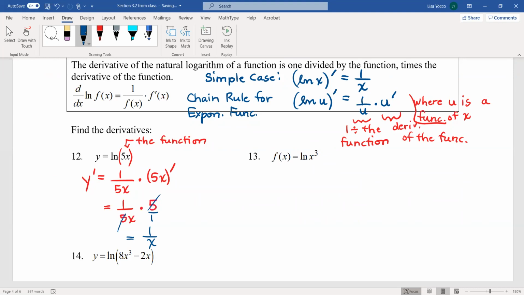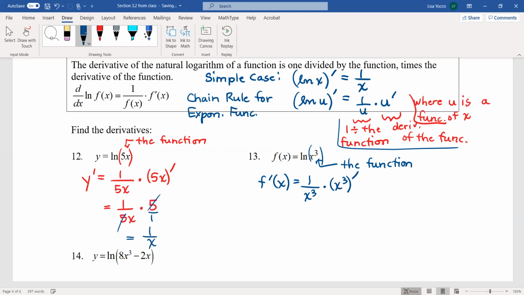All right. For number 13, that x cubed is the function. So for the derivative, f prime of x, it's 1 divided by the function times the derivative of the function.